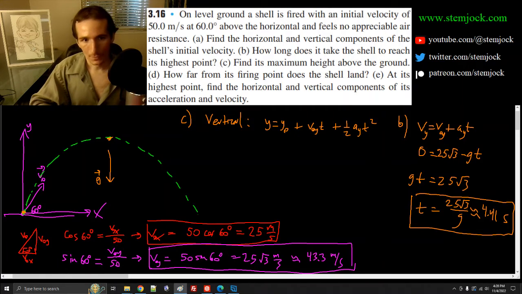Okay, so now the maximum height. I'm going to call the final y position y max.